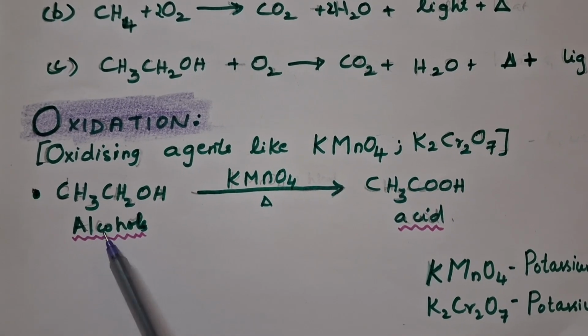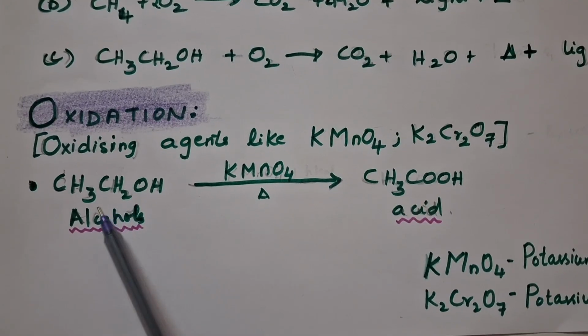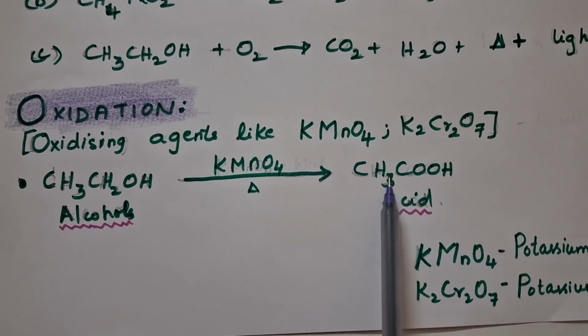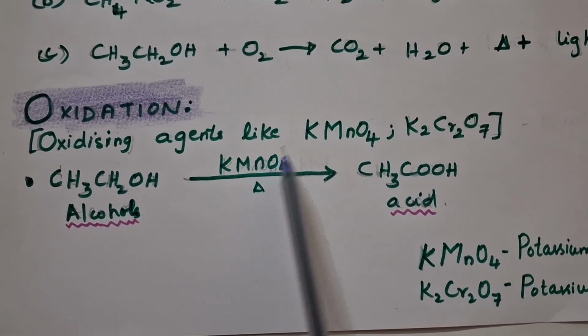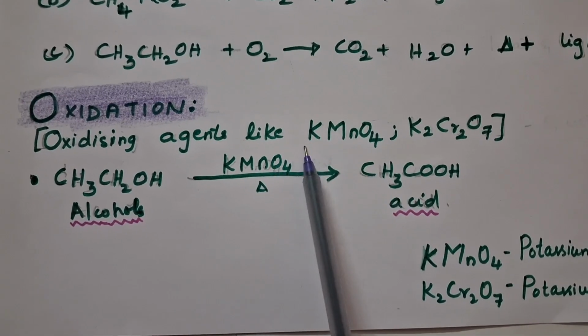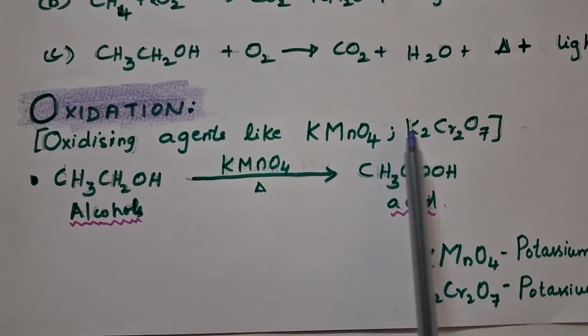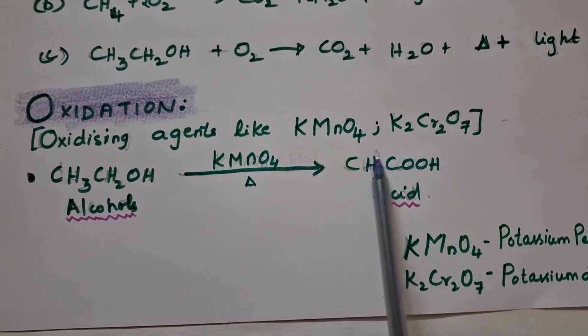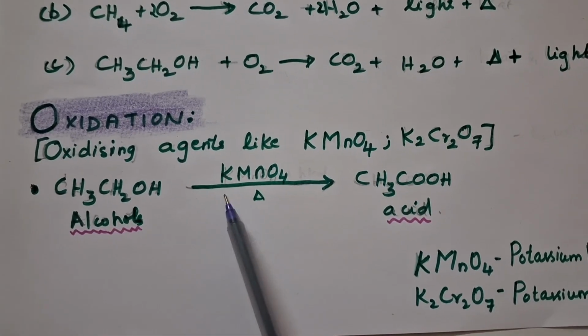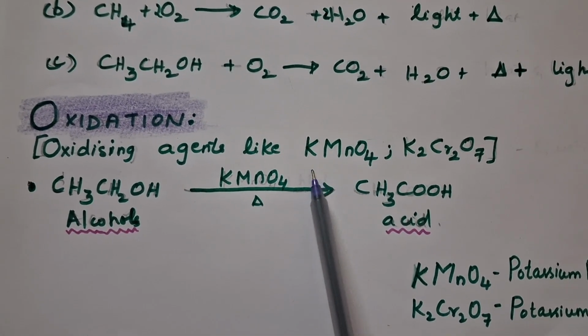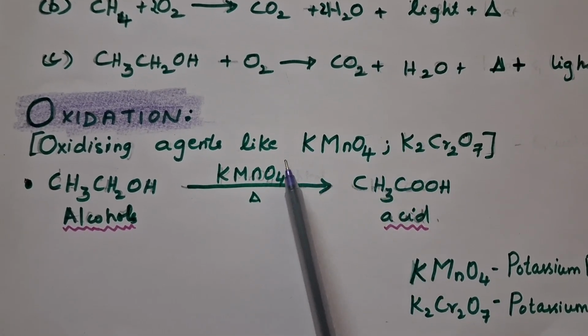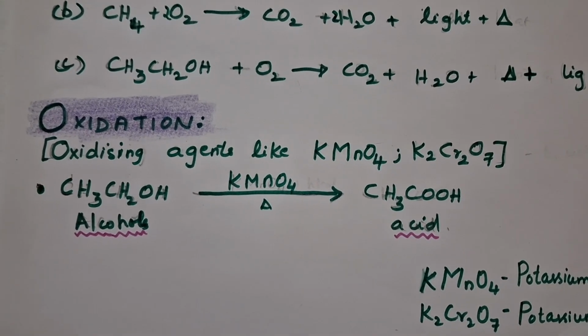Alcohols can be converted to carboxylic acid when you use oxidizing agents like KMnO4 and K2Cr2O7. What type of questions will come here? Your questions will be: name two oxidizing agents, or give examples of oxidizing agents.